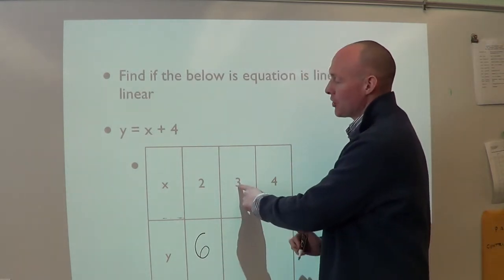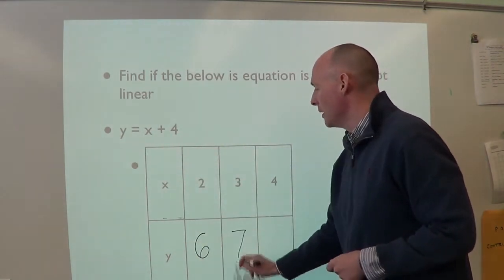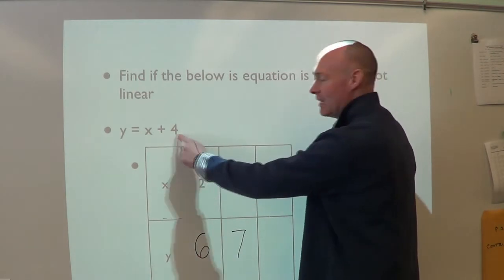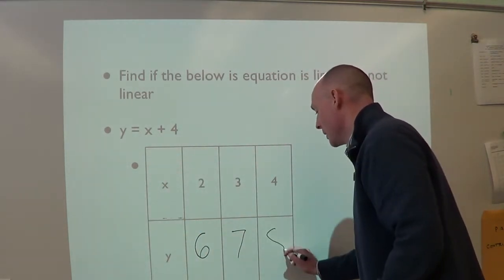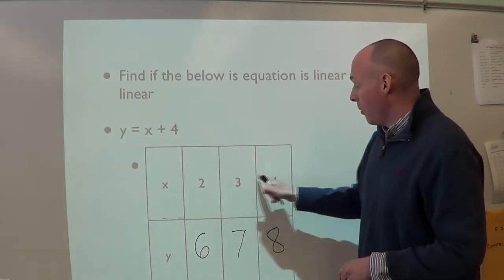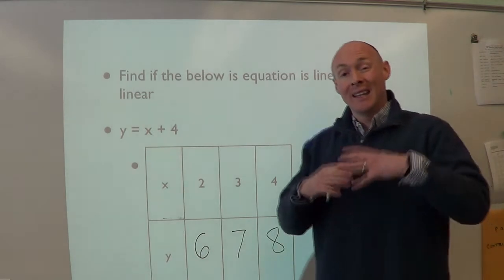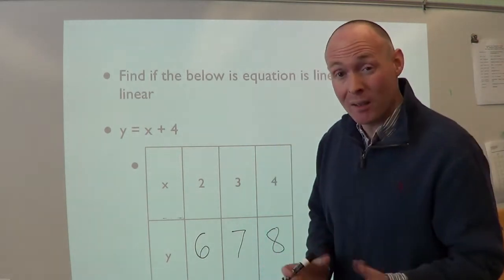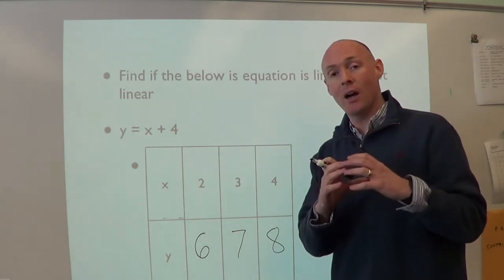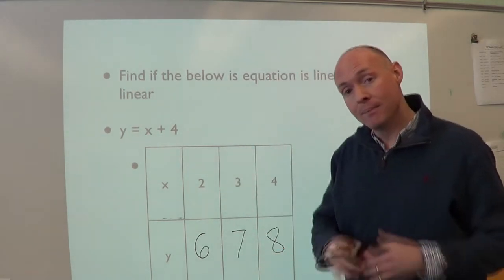But if x equals 3, it would be 3 plus 4, or 7. 4 plus 4 is 8, so y would equal 8. Now I'm noticing that it goes up 1, up 1, up 1, plus 1, plus 1. That sounds like it could be linear, but the only real way to know would be to get our pairs, graph them. If it's a straight line, we're good.